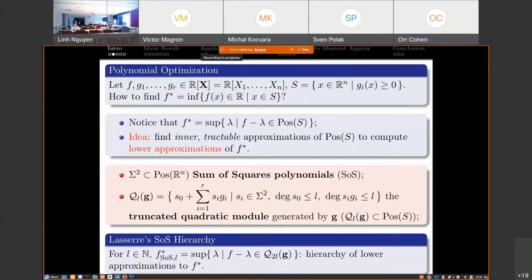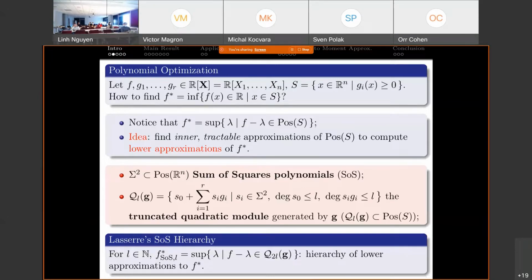That is the polynomials of the form sigma_0 plus the sum of s_i g_i, where the s_i are all sums of squares, and the degree of every addend in this sum is bounded by L. So this represents the polynomials that are generated in degree L. And of course, this is a subset of the positive polynomials on S by definition.